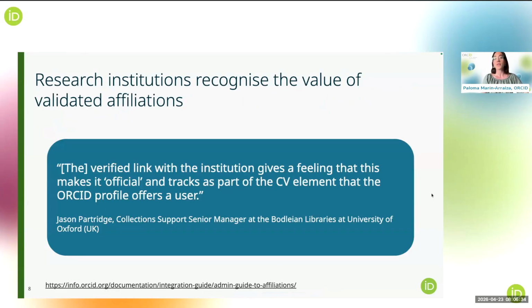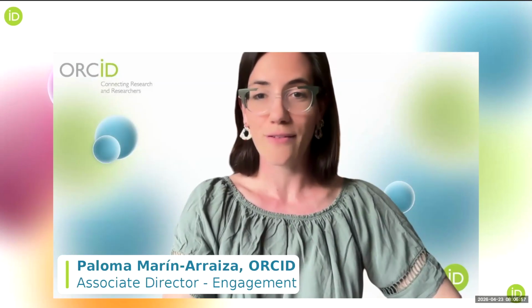And institutions as well recognize the value of validated affiliation, as it makes this part of the CV element that the ORCID profile offers a user more official. And with that, I would like to give the word to Gali to continue with a deep dive on the report itself.